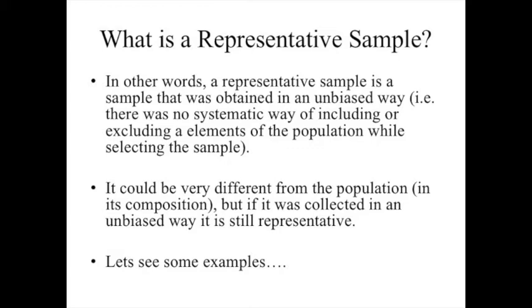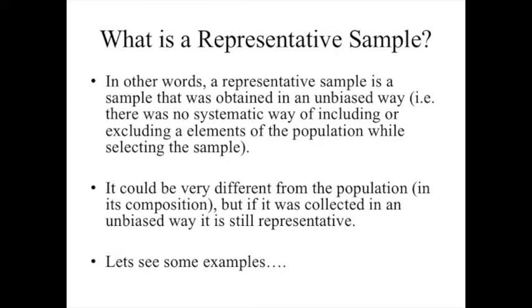If in the process of selecting elements from a population to make our sample, we favor some elements over others, then we are introducing bias in that selection process. And it doesn't need to be even conscious.